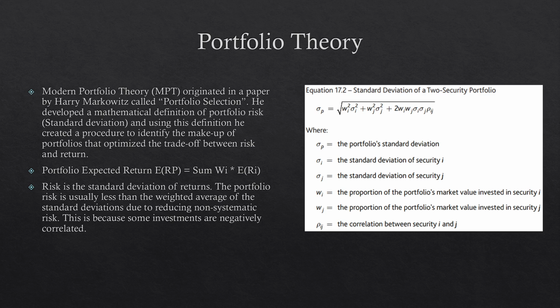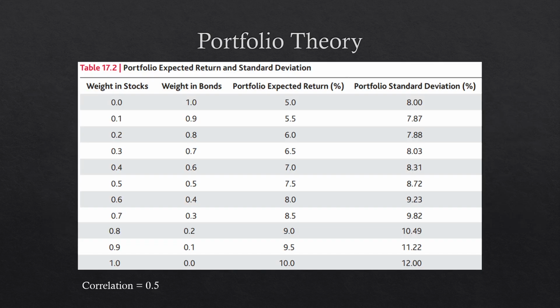It is important to remember this for the exam, as it will most likely be on there. Going through a quick example, you could use that formula to calculate some of these, but you can see that the portfolio standard deviation does tend to increase when the weight in stocks increases.